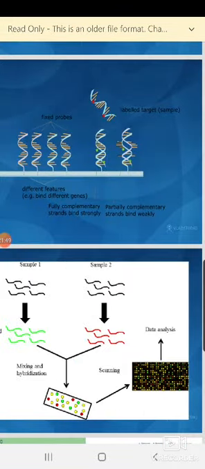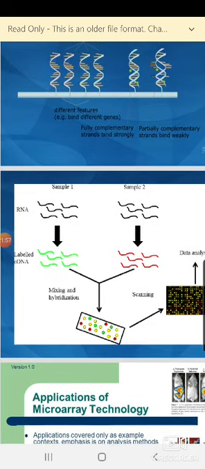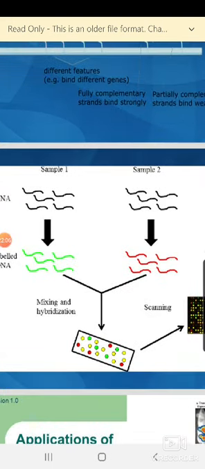Now, taking this principle, you can analyze multiple samples with great simplicity. We are showing here two samples, sample 1 and sample 2. You have isolated RNA. From there, you can generate the cDNA. So one is green color, one is red color. That means different fluorescently labeled dyes, and then they are hybridized with the chip.